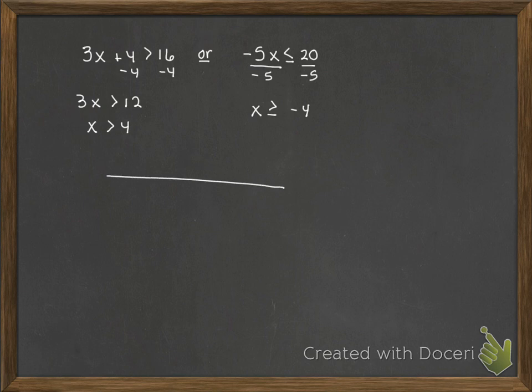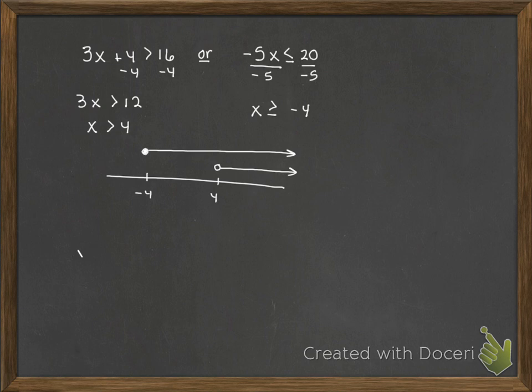So our two numbers are negative 4 and positive 4. Okay, x is greater than 4, open circle going to the right, and x is greater than or equal to negative 4, closed circle, also to the right.